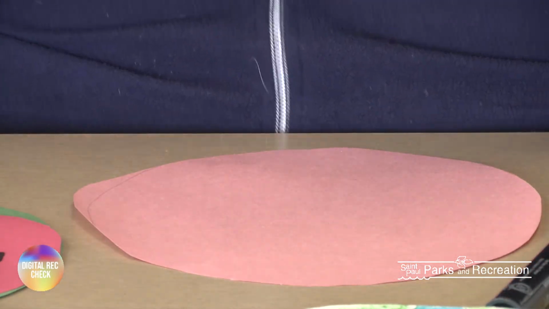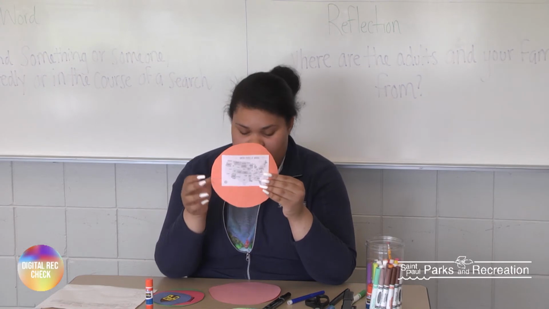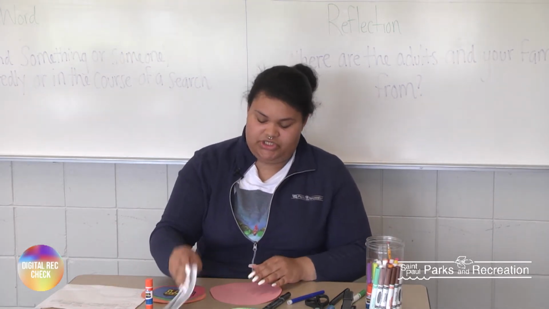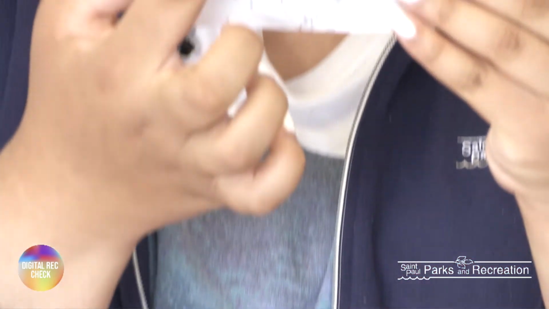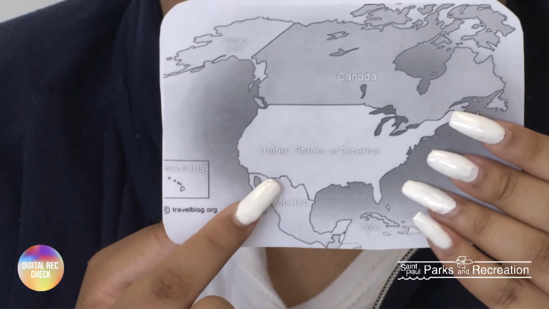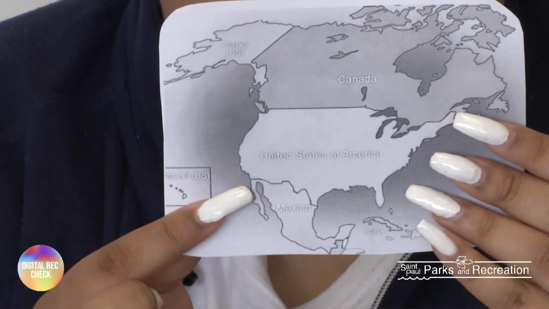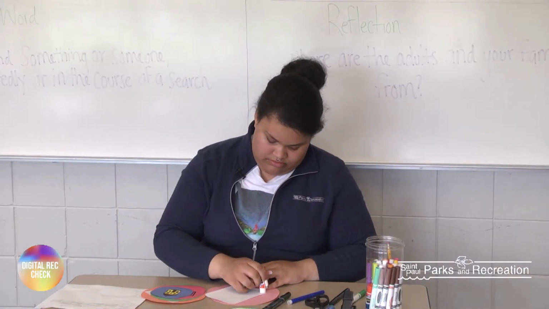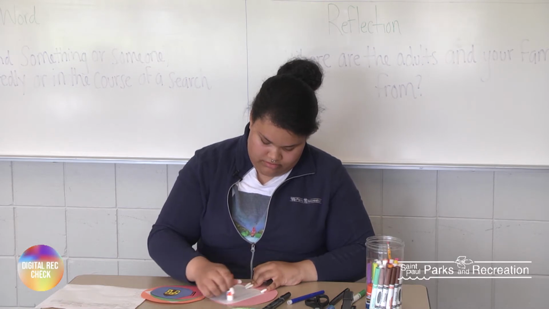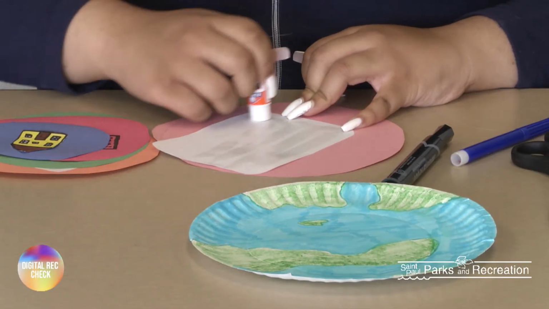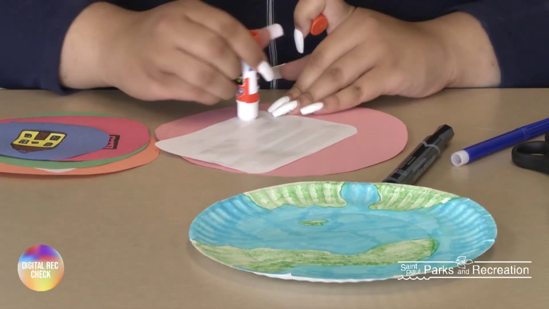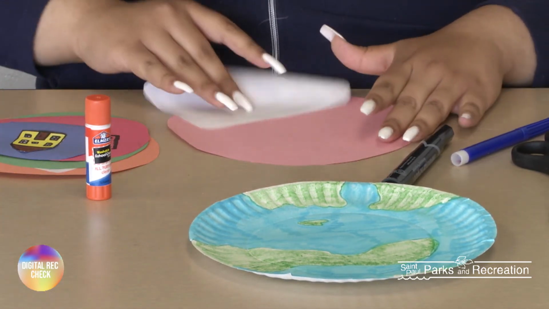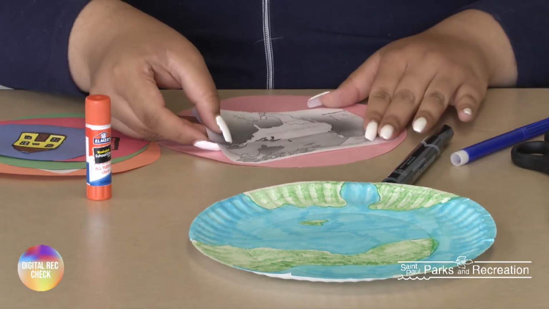So then that one looks like that. And then for our last one, this is a picture of our continent, so you can see Canada, the United States, Mexico below us. So we're just going to put that on here. So then we're just going to put that in the middle like the rest of them.